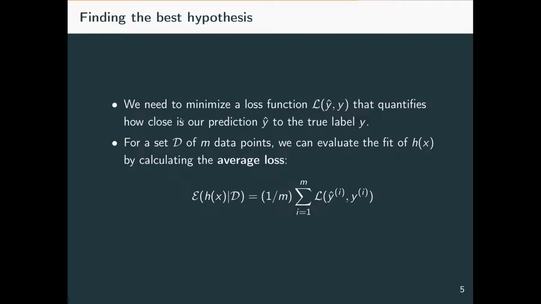The loss function quantifies this difference. For a set D, a whole data set, we can evaluate the fit of the hypothesis function by calculating the average loss. We just calculate the average of the loss function, and the loss function is the choice of ours.